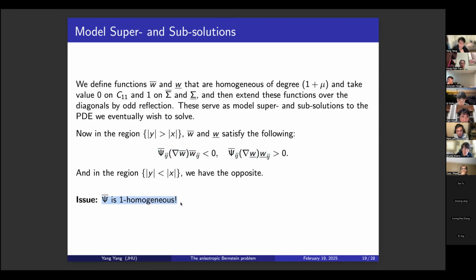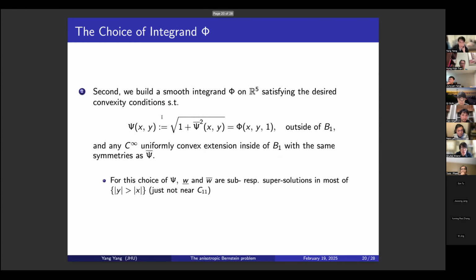To fix this, we have to modify our function F-bar a little bit. We want to make it a smooth function that is asymptotically one homogeneous. So to rebuild this function F, we make it the square root of 1 plus F-bar squared, and this motivation comes from the area functional.